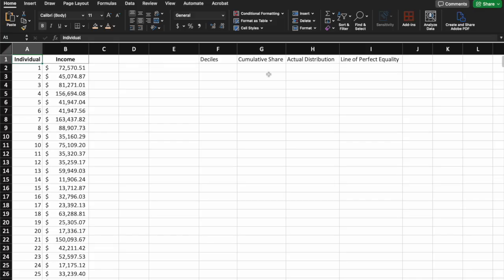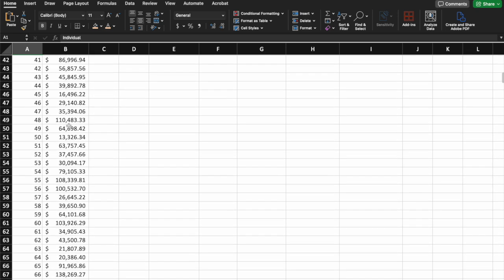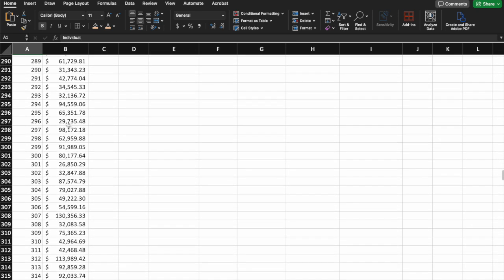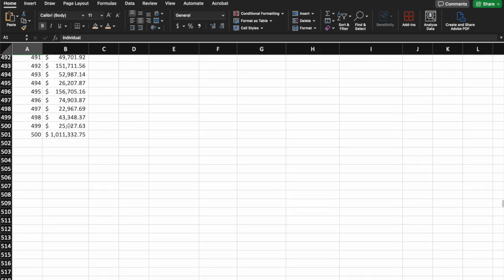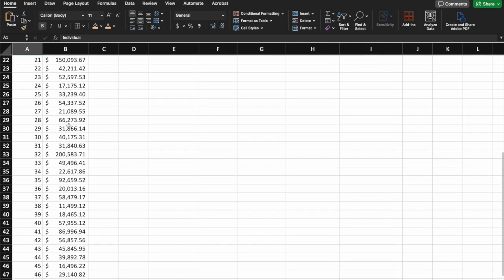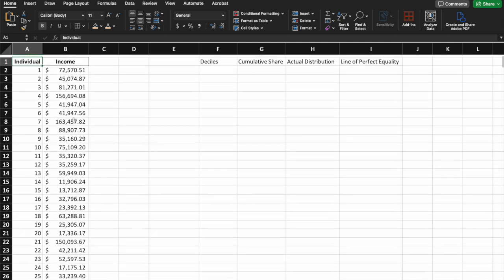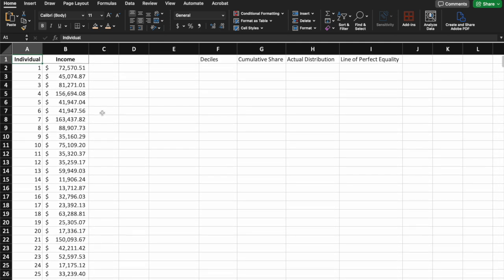In this example, we're going to assume that there are 500 people in this economy. So we've got all of their individual incomes here for all 500 people. If we want to understand how equitably these resources are distributed throughout the economy, one way we could do that is by measuring the percent of the total resources that each percentile in the economy has.